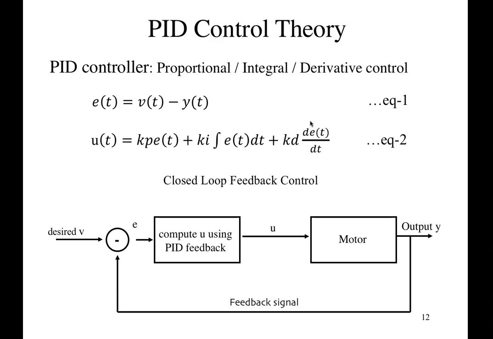Of course, we don't have to use all three terms at the same time, depending on your specific application. Sometimes a P control alone might be enough. Sometimes you might want to combine that with a second term, the I term. Sometimes you may combine the P term with the D term, or sometimes you might want all three at the same time.